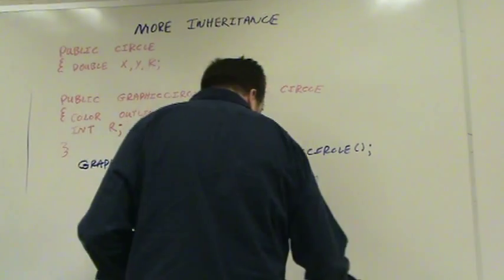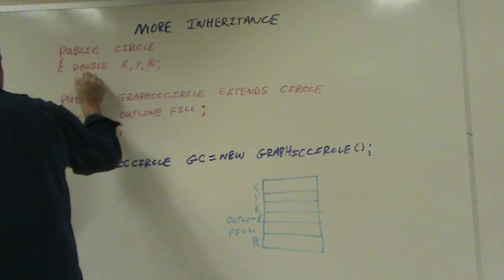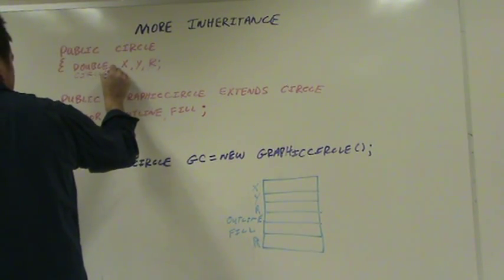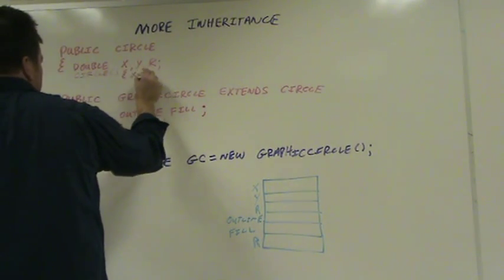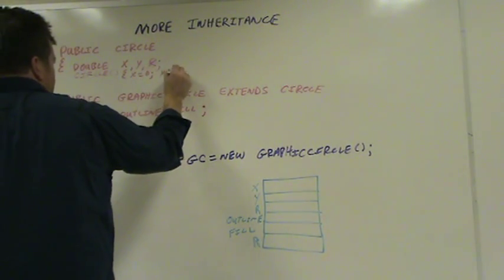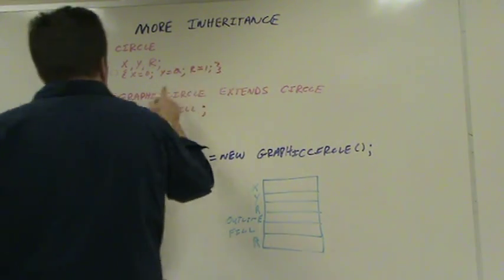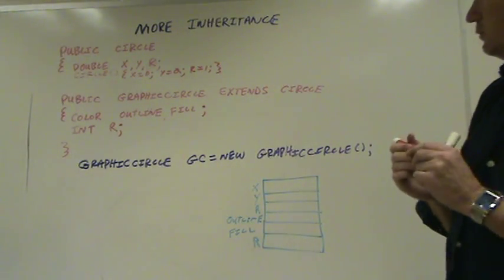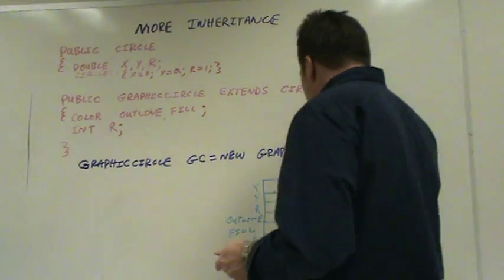Let me write in the circle default constructor: x equals 0, y equals 0, r equals 1. That's what we said would happen by default. If you created a circle and didn't give any information, we'd have x 0, y 0, and r equals 1. So this would do this.